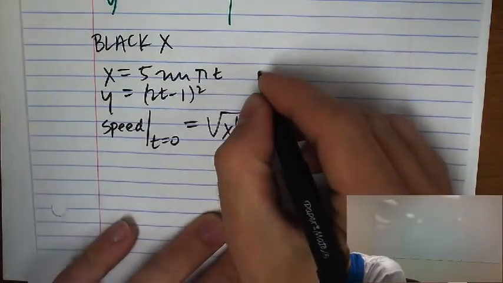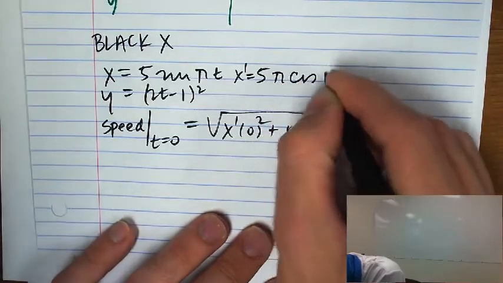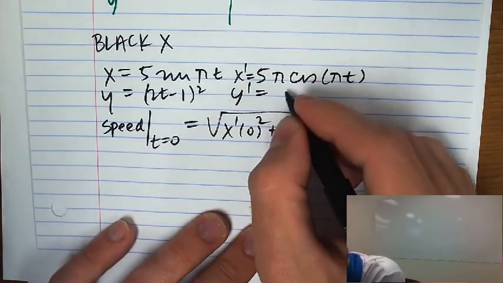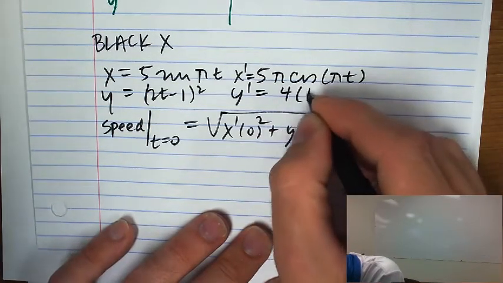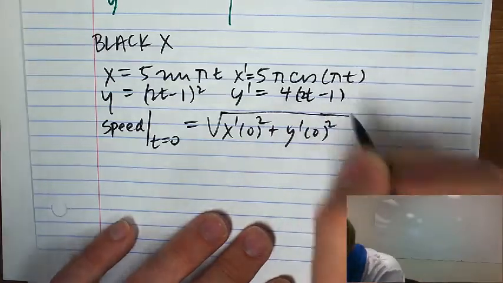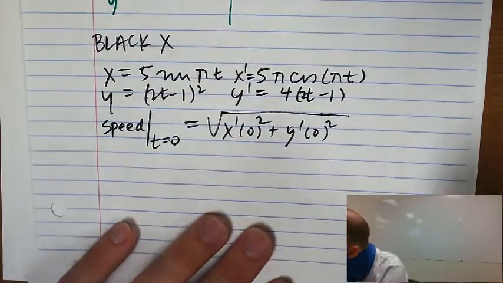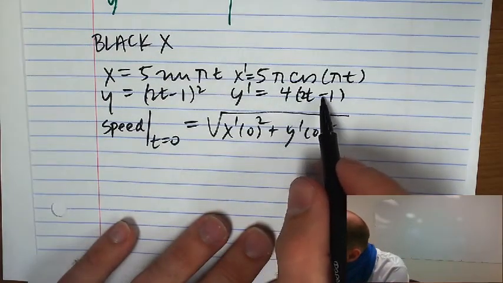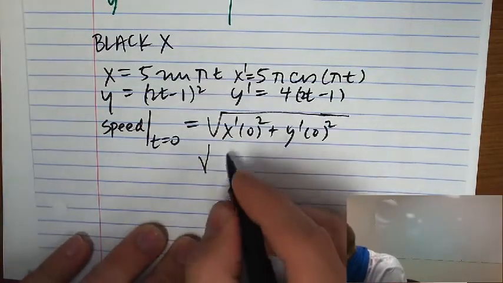Maybe I'm wrong. But I know x prime is 5 pi cosine pi t, and y prime is 2 times 2t minus 1 to the first times 2, which is 4 times 2t minus 1 to the first. 4 for the chain rule, 2 for the power rule, the other 2 for the chain. All right. And so at 0, I've got y prime is negative 4 and x prime is 5 pi.